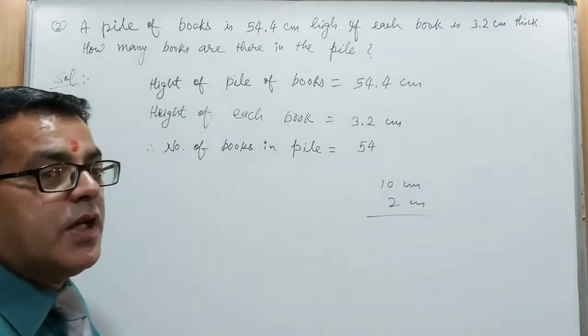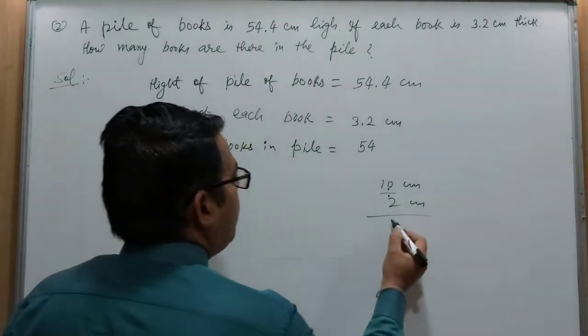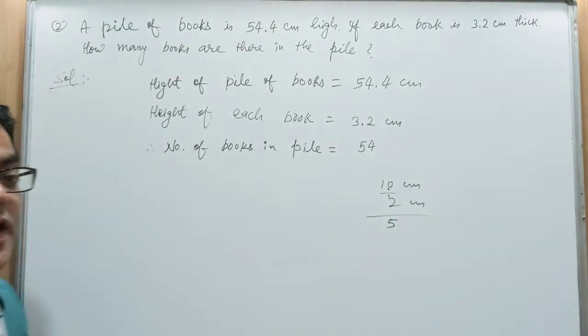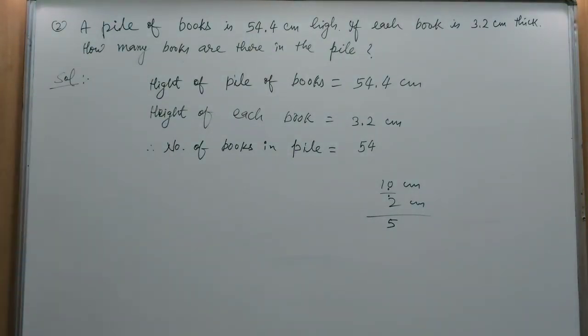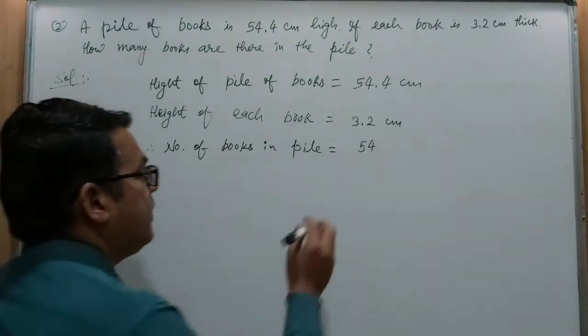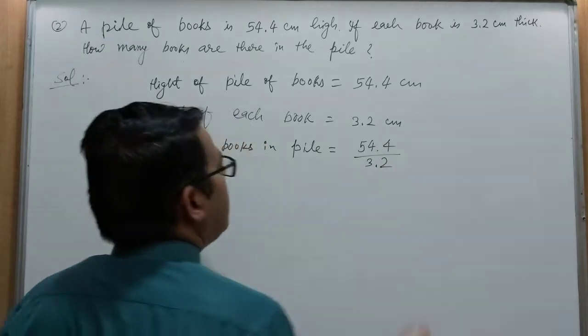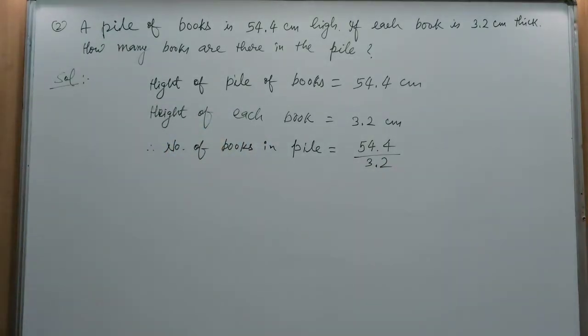So how many books are there? If we divide 10 by 2, we can say 5 books we can keep there, right? So in a similar way, we need to divide the height of the pile by the height of each book.